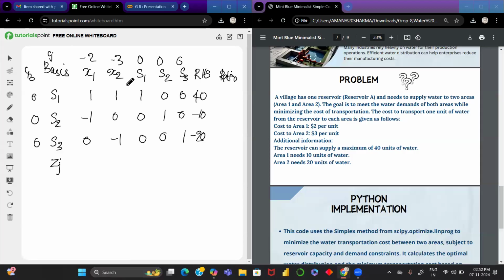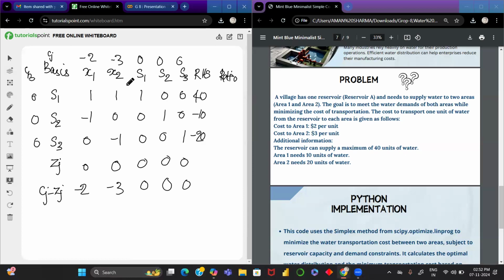For x1 it will be 0, x2 also 0, s1 will be 0. Now we have to find Cj minus Zj, that is -2 minus 0, that is -2, and -3 minus 0 is -3, 0, 0, and 0.